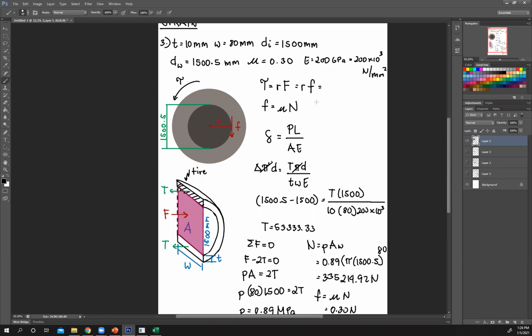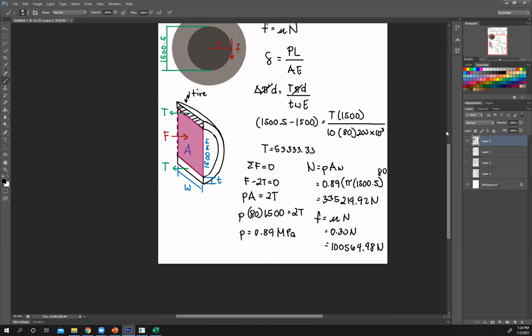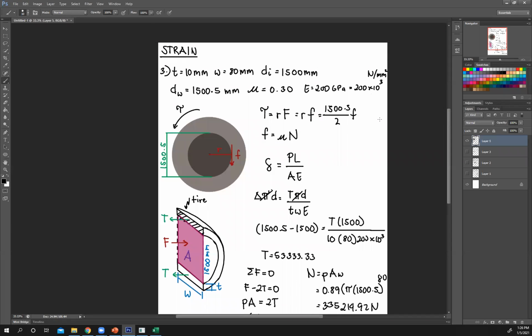This is R. So that's just 1,500.5 over 2, Newton per millimeter squared, over 2 times frictional force F. Again, this F is this value.